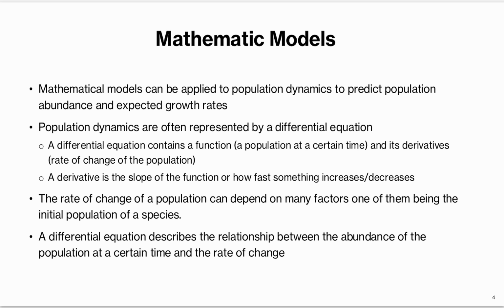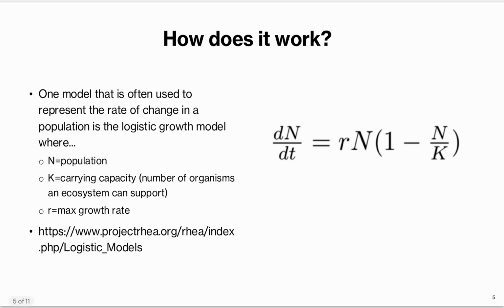A derivative is the slope of the function, or how fast something increases or decreases. The rate of change of a population can depend on many factors, one of them being the initial population of a species. A differential equation describes the relationship between the abundance of a population at a certain time and the rate of change. So, how does it work?